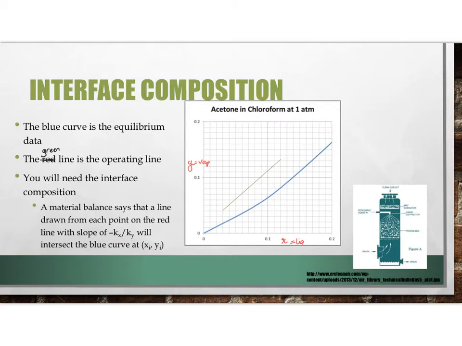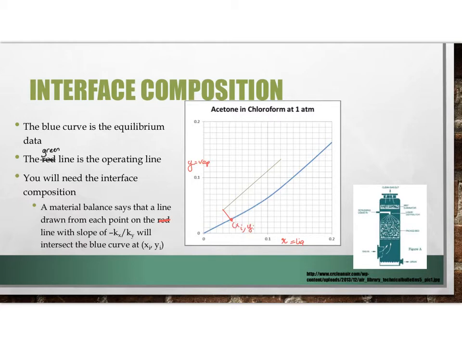If you look at a material balance, a line drawn from each point, and that's not red, it's a green line, with a slope of negative kx over ky, and that's about how the mass transfer happens, it's going to intersect the blue curve at the equilibrium or interface point. So if I draw a line with a slope of negative kx over ky, the point where it intersects is going to be xi, yi.